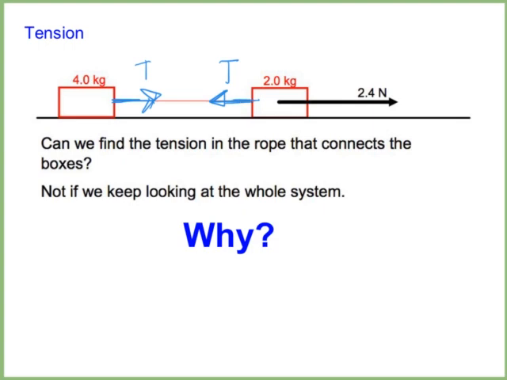So if I were to add up all these forces, it would just be 2.4 minus T plus T. It's still just 2.4. The tension forces are referred to as internal forces, and they don't show up in our calculations if we look at the whole system.